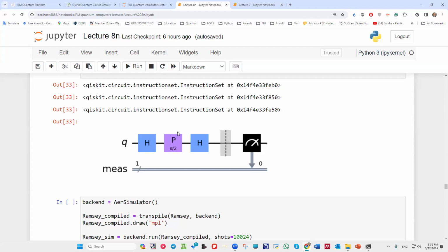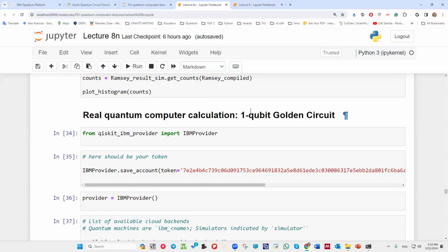Then we have some kind of phase gate, which changes the phase of one of these possibilities. And then the second Hadamard gate closes up the interference. As a result of this closing interference, it can lead to constructive or destructive interference of the resulting state.